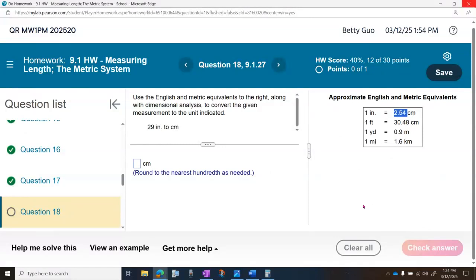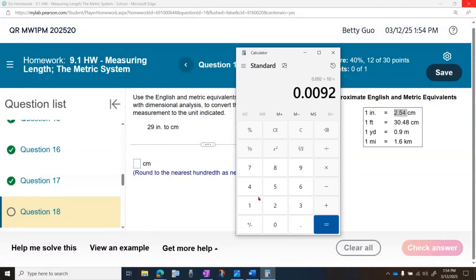So let's see. You tell me centimeter is smaller, right? Very good. Centimeter is a smaller unit, so the number in front of it is supposed to be bigger. We need a bigger number. Start with 29 and, to get a bigger number with the conversion factor 2.54, we have to multiply.